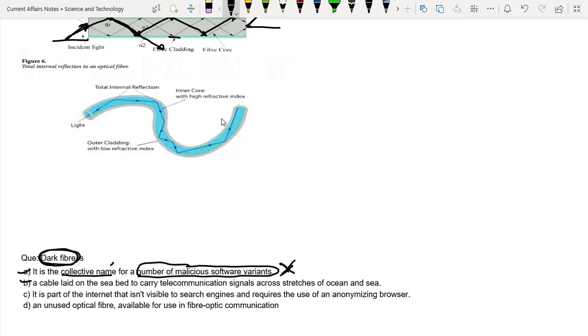Second one is a cable laid on a seabed to carry telecommunication signals across stretches of ocean and sea.